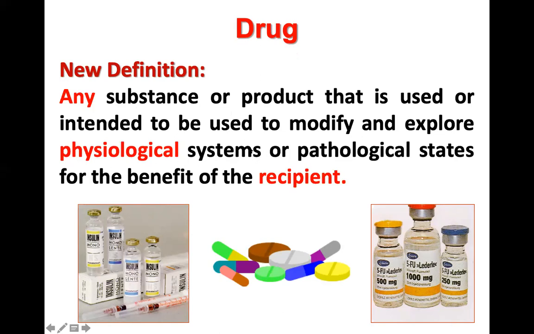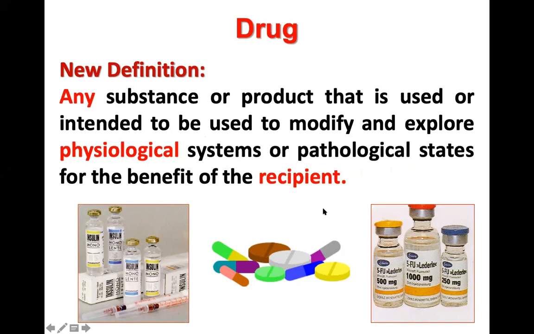The physiological system for OCP is what the oral contraceptive pills will modify. They modify the physiological actions of the gonadotropins, and that is how they prevent contraception. So the drug can modify the physiological system as well as pathological states for the benefit of the recipient.